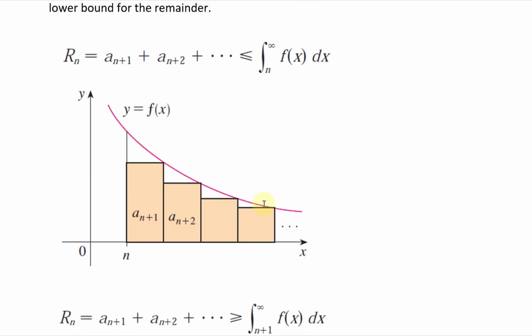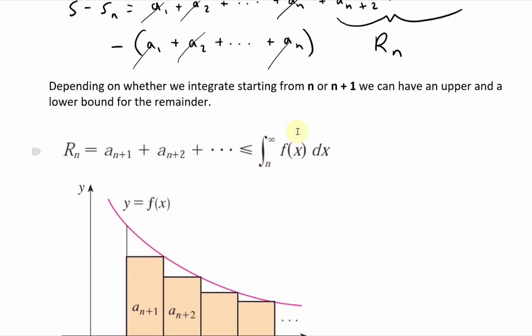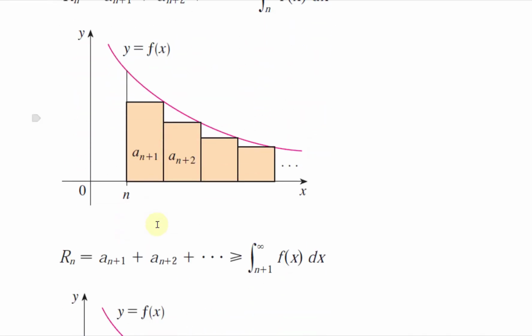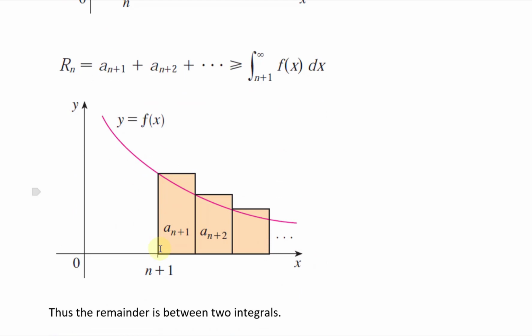And now we're going to look at the bottom limit. If instead of taking the integral from n, we take the integral from n plus 1, starting from here, then we have R_n equals a_{n+1} plus a_{n+2} plus dot dot dot, and it's going to be greater than or equal to the integral from n plus 1 to infinity of f(x) dx.